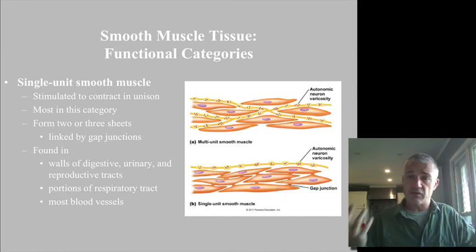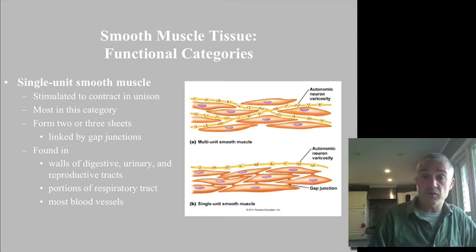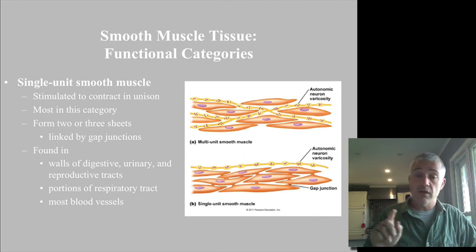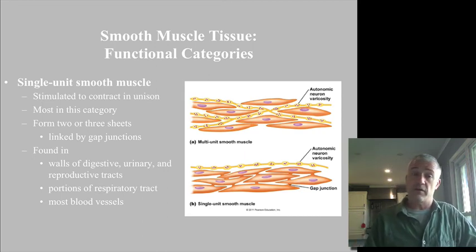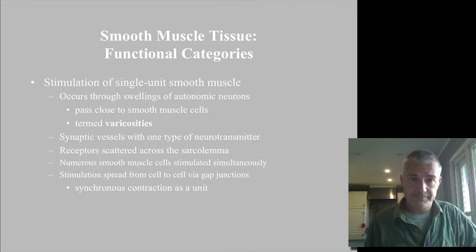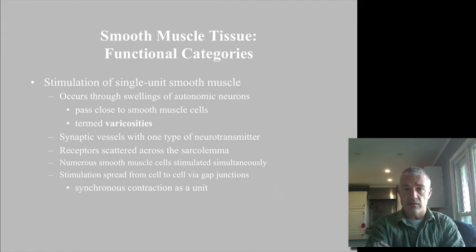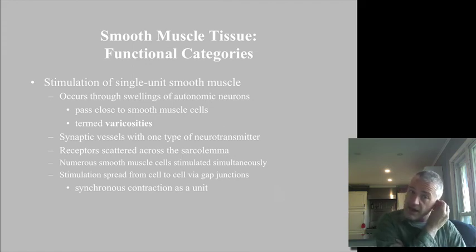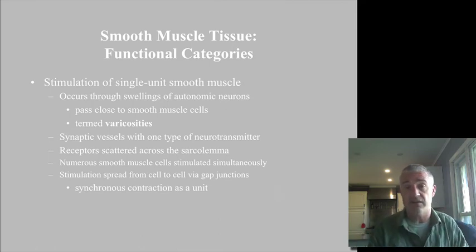So that's the difference between multi-unit smooth muscle versus single-unit smooth muscle. Multi-unit smooth muscle to me acts a lot more like skeletal muscle. Single-unit smooth muscle acts a lot more like cardiac muscle does. So usually, like I said, that single-unit one is going to be stimulated through varicosities. You're going to get synaptic vesicles releasing this neurotransmitter, and you're going to get this whole connected set contracting as a unit.